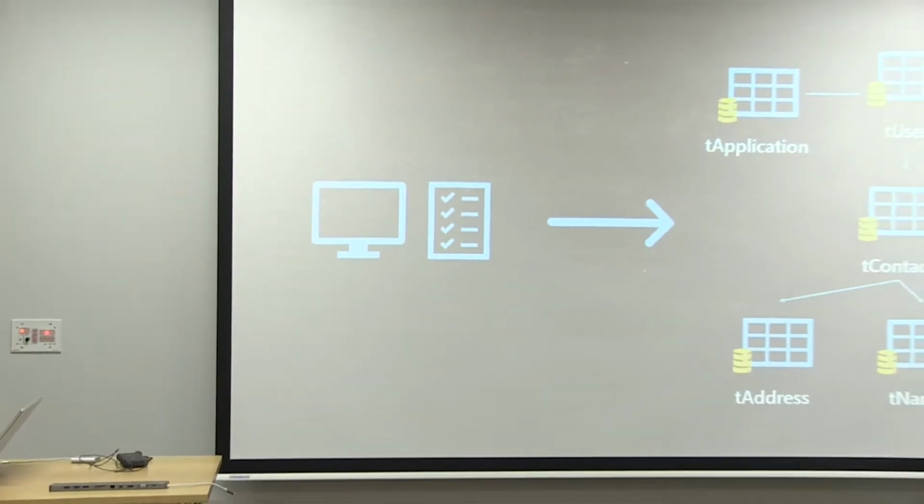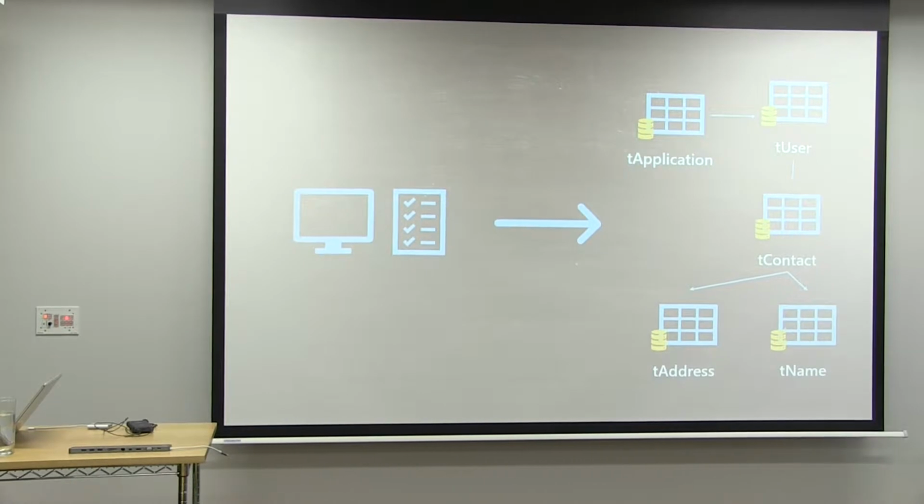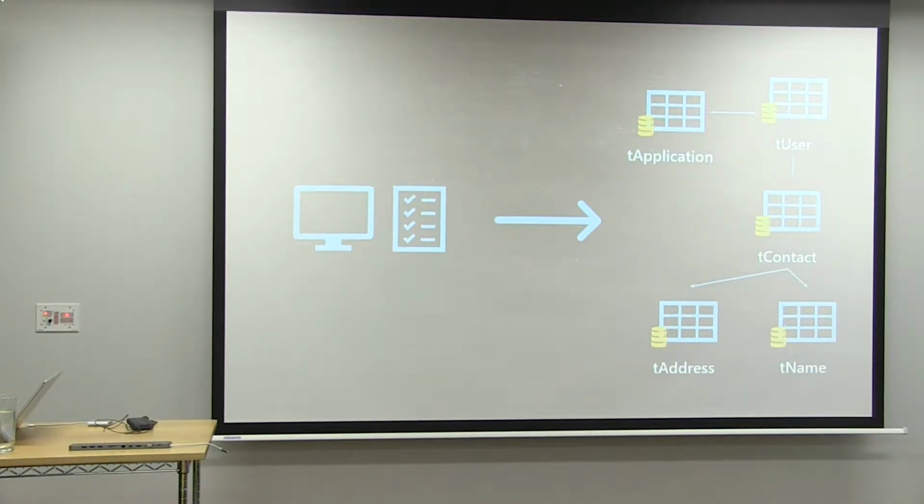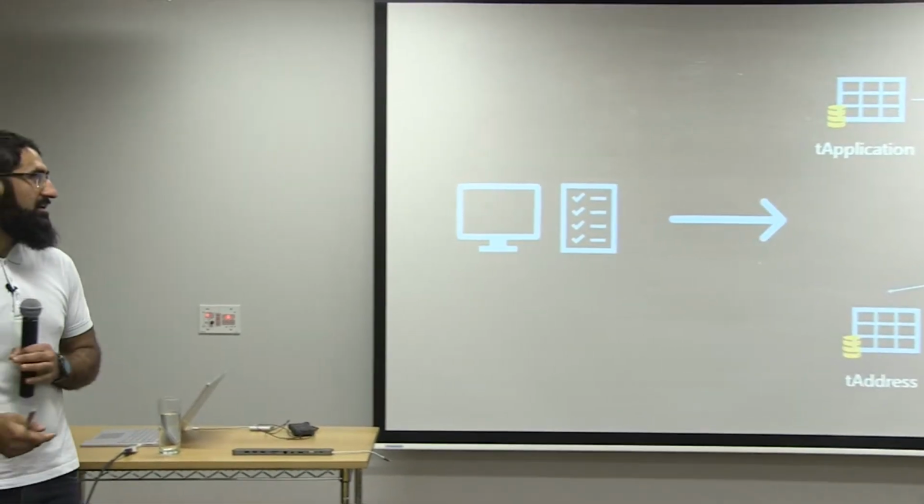Addresses were in their own table, names, because we had to capture history of people's names, were in their own table, represented by a contact, and so on and so forth. Very heavily normalized table structure. Now, it was a very successful product, and the company was bought up by a larger company that had a portfolio of these types of products, and a very, very successful project for us.